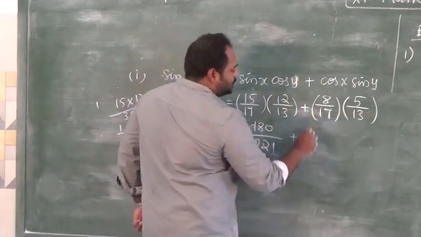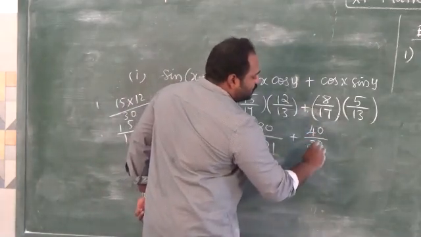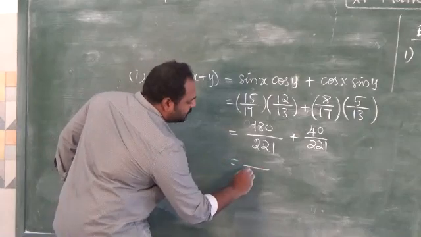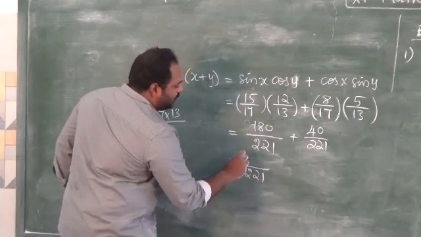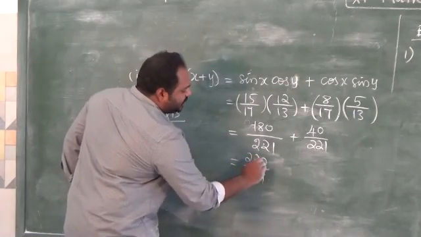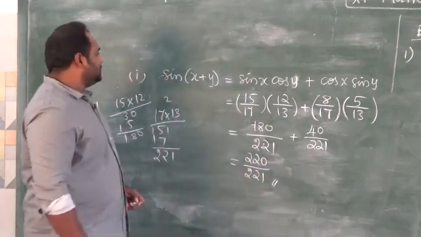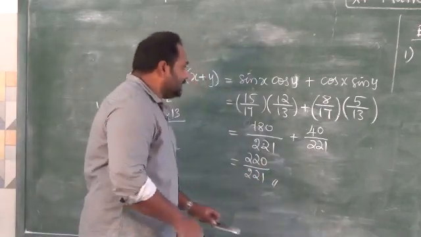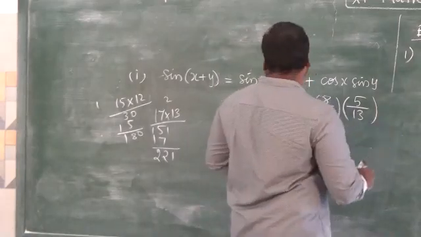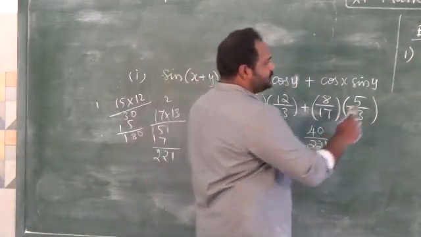Plus 40 by 221. So with the common denominator 221, 180 plus 40 is 220. So this is the value for the first subdivision. Next we can go for the second subdivision. I will just rub this side.